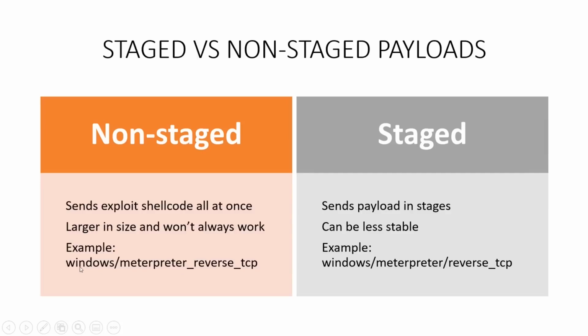We can ignore the windows here. But here where we see meterpreter/reverse_TCP, this means we have a staged payload. What's happening? It's saying, hey, stage 1, stage 2. And here it's saying, hey, let's send this all at once.